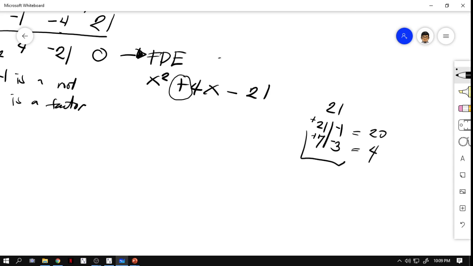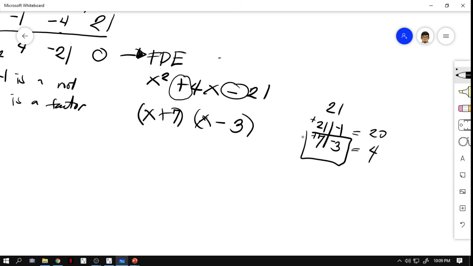So, these are now the factors of x squared plus 4x minus 21. x squared is x and x. Isang positive, isang negative. Positive times negative is negative. And then, this is 7 and this is 3.